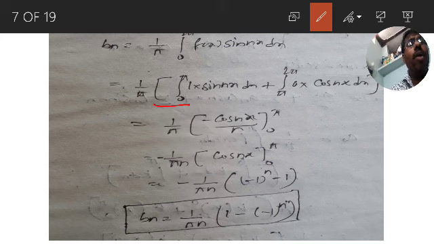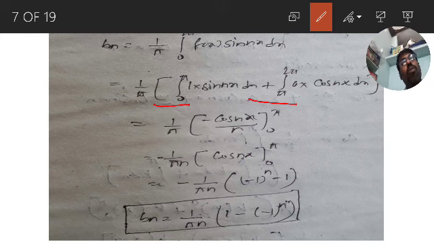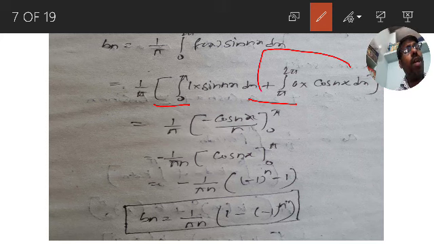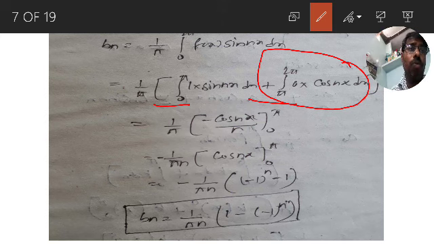So I am writing the integral from 0 to pi, 1 into sin nx dx, plus pi to 2 pi, 0 into sin nx dx. 0 into something is 0, so the second integral you need not take, no need to calculate.